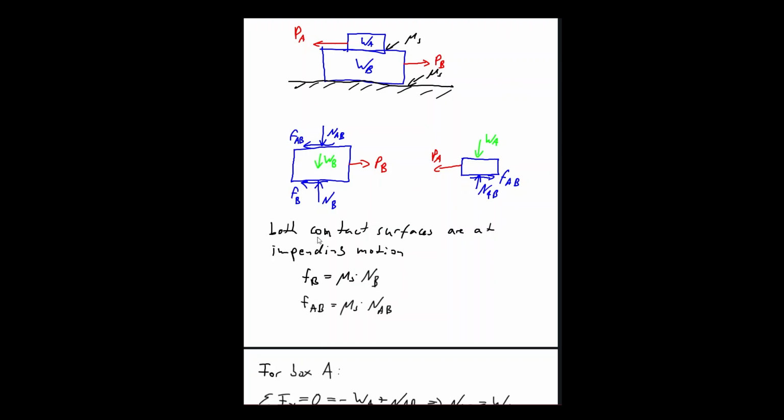And then we can look in the x direction. So we have the two friction forces to the left and the force to the right. Sum of Fx equals 0, so we have minus FAB minus FB plus PB.